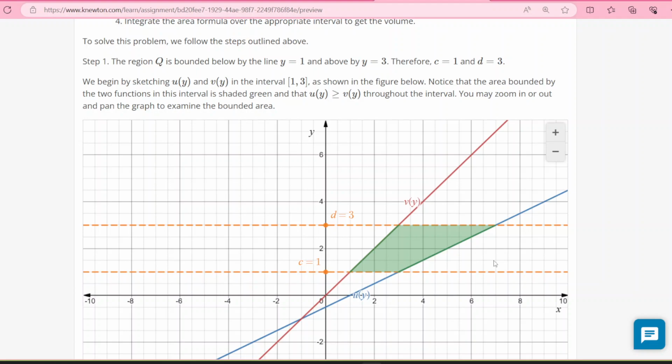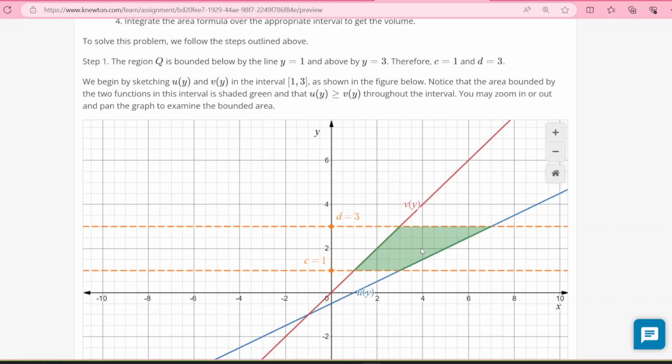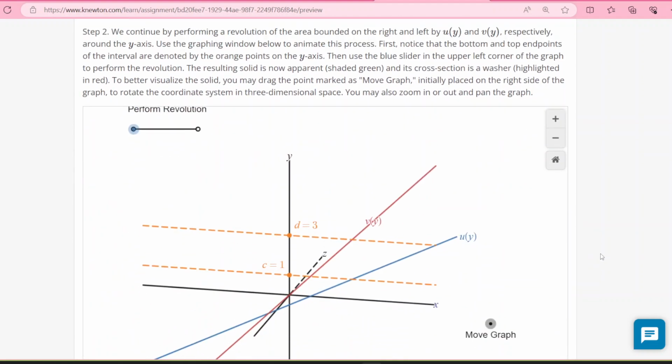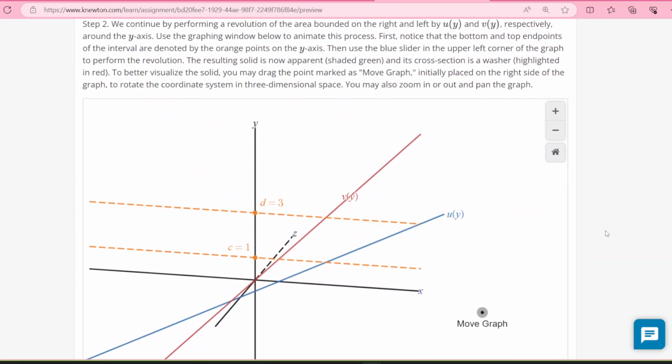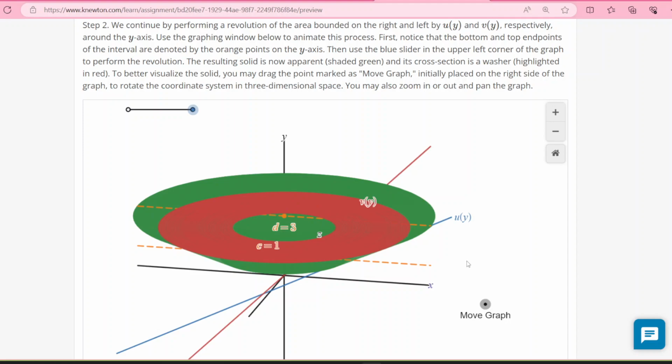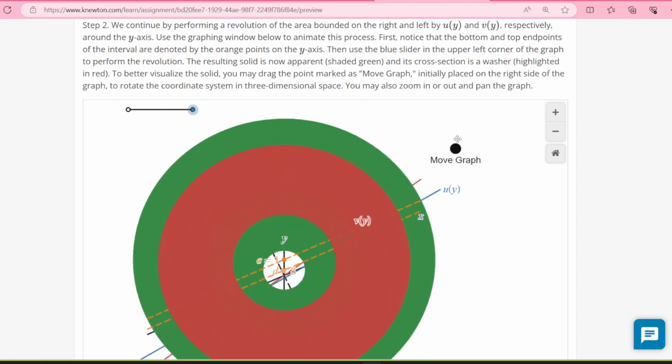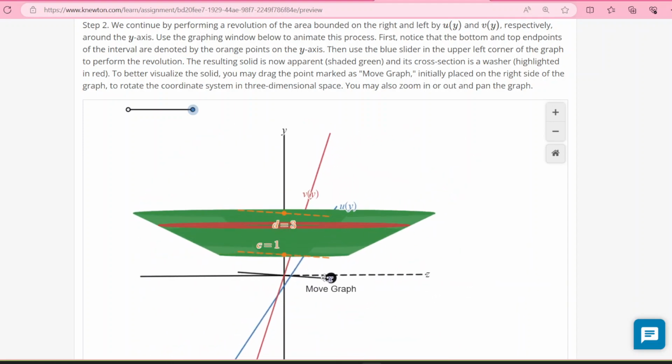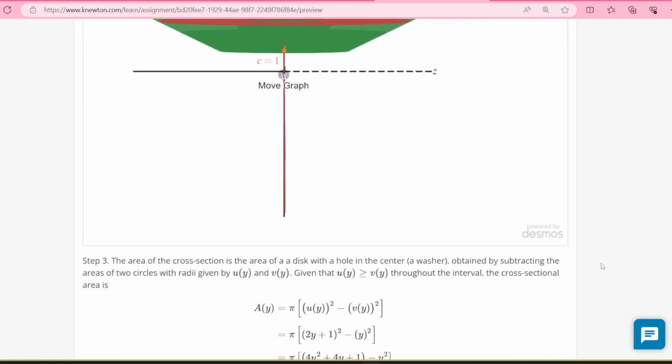But like I said, this is over 2.5 hours now. I want to speed things up. So there's the region. See what we get when we rotate this region across the y-axis. There you go. This shape here with the hole in it. That's a 3D shape. Little saucer with a hole in it.